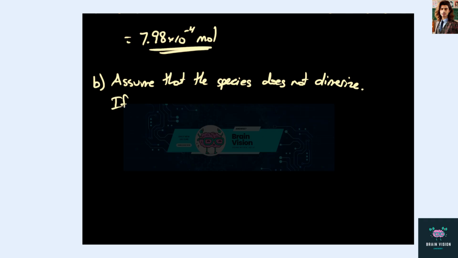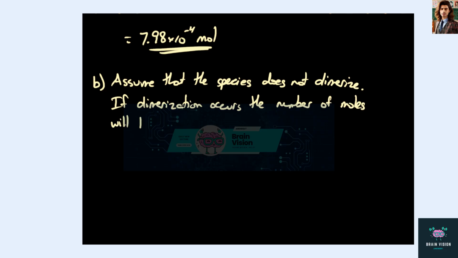Because if dimerization occurs, the number of moles will be halved, and the vapor pressure will be less.